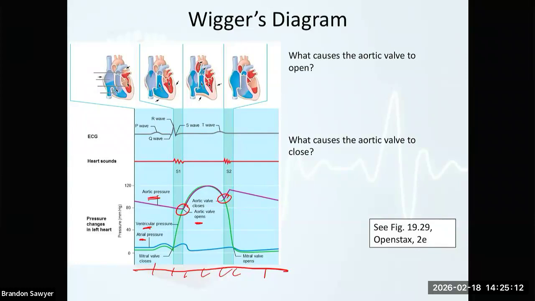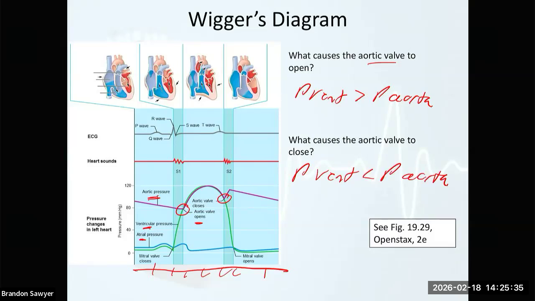That makes the blood turn right back around, come back to the heart and snap it shut. So what caused the aortic valve to open is pressure in the ventricle greater than pressure in the aorta. And it's just the opposite down here: pressure in the ventricle is less than pressure in the aorta.